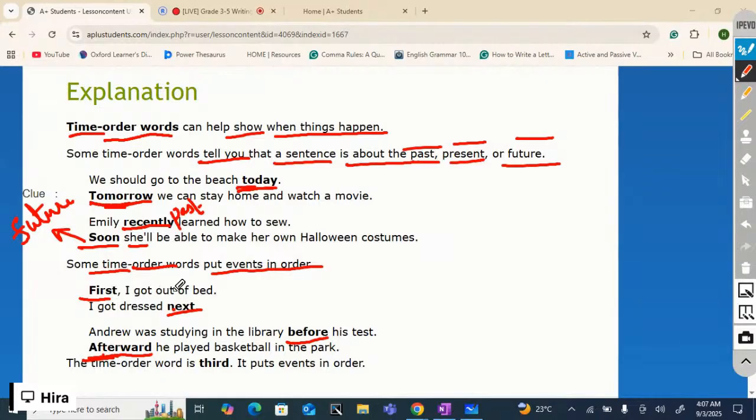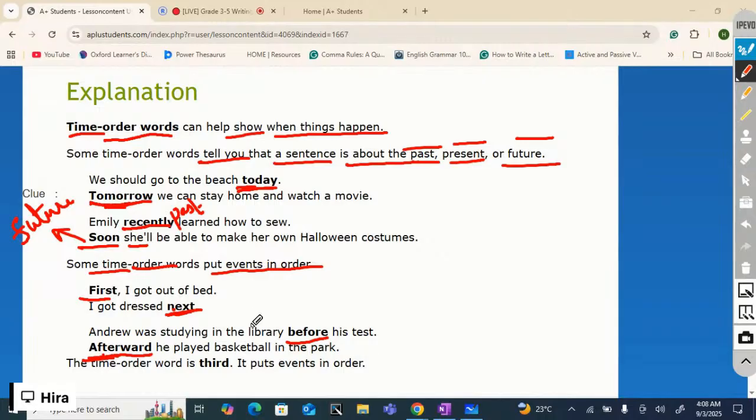First, I got out of bed. I got dressed. Next. Obviously, this is the second thing that happened. So, first thing first, I got out of bed. I got dressed. Next. So, these two sentences are in order. Events are put in order actually.